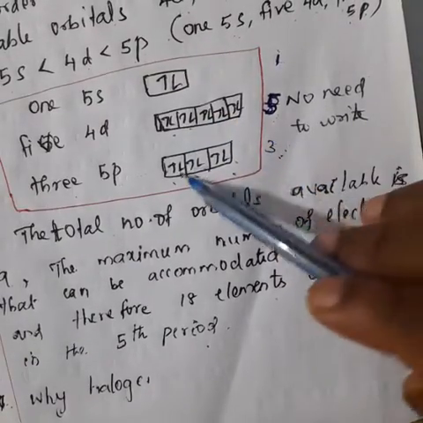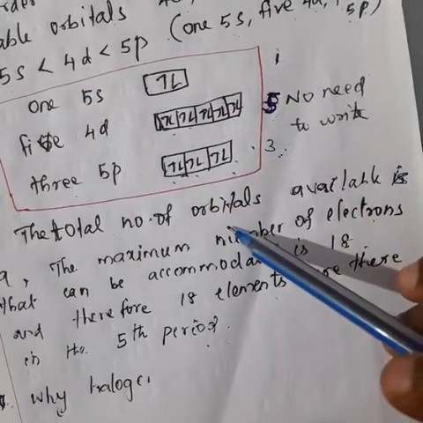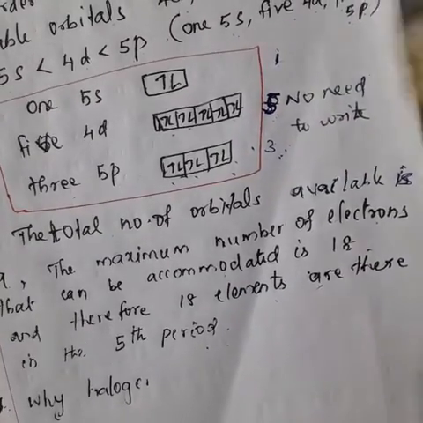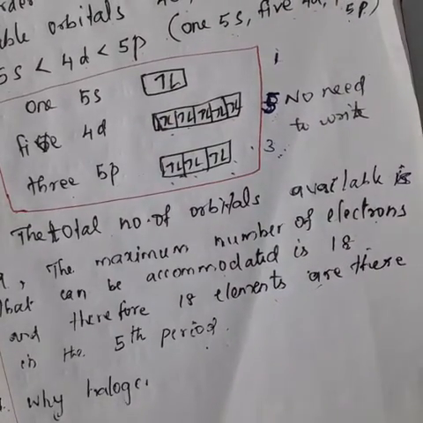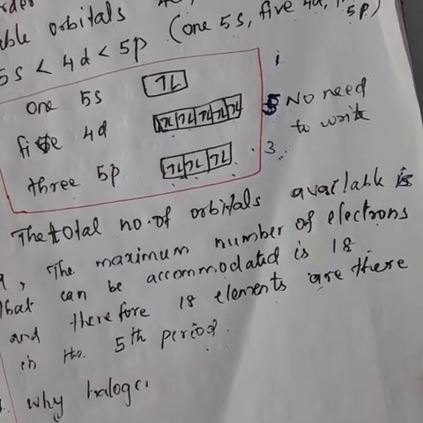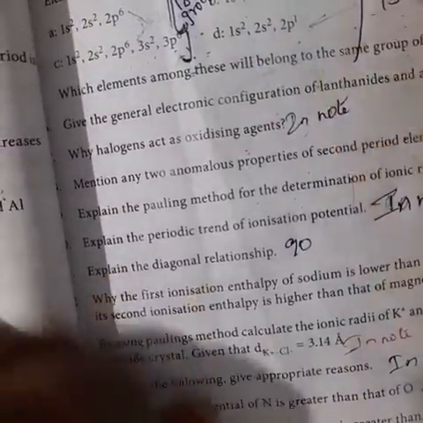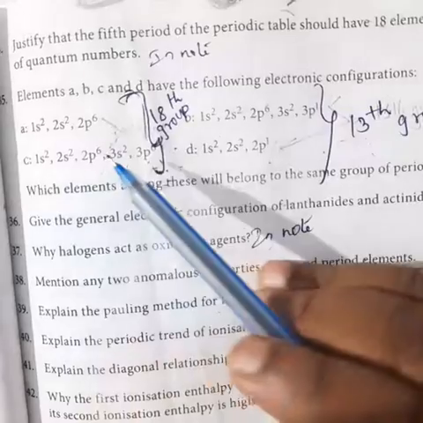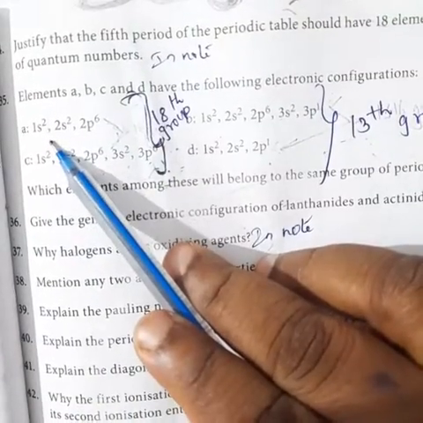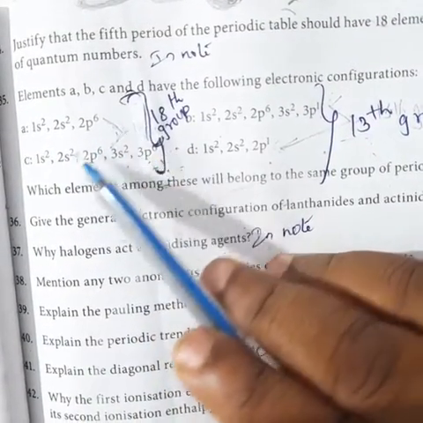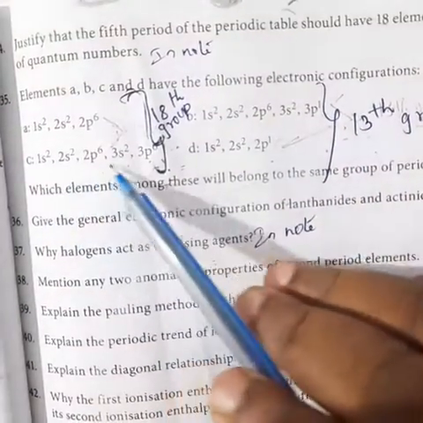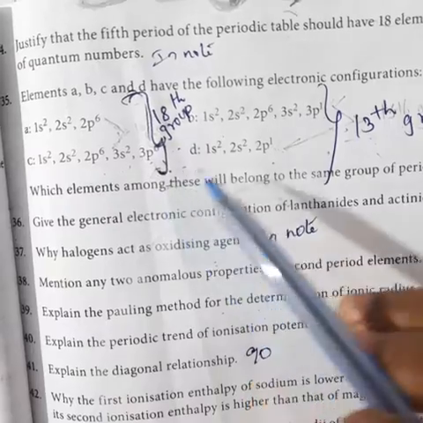Okay, students, this is about the 34th question. Now the 35th question here. The elements A, B, C and D have the following electronic configurations. A is 1s2 2s2 2p6, B is 1s2 2s2 2p6 3s2 3p1, C is 1s2 2s2 2p6 3s2 3p6, and D is 1s2 2s2 2p1.